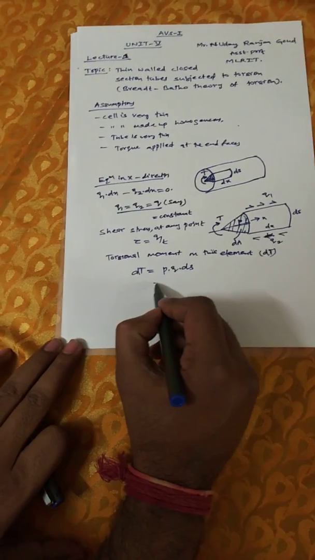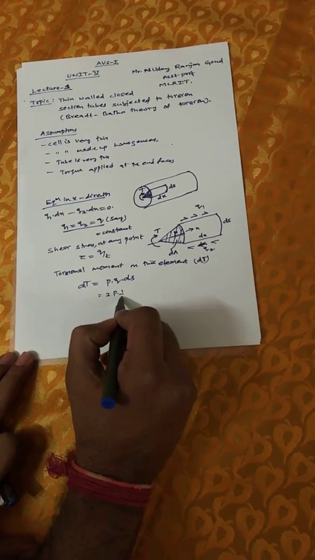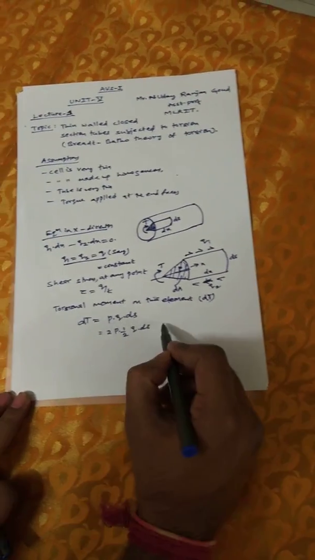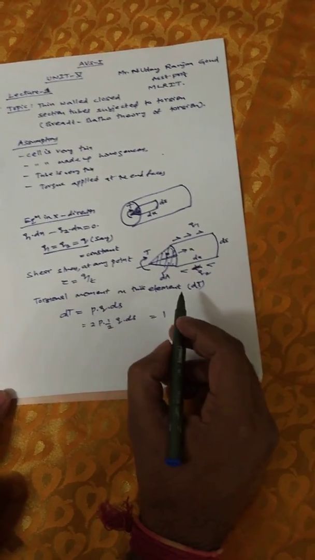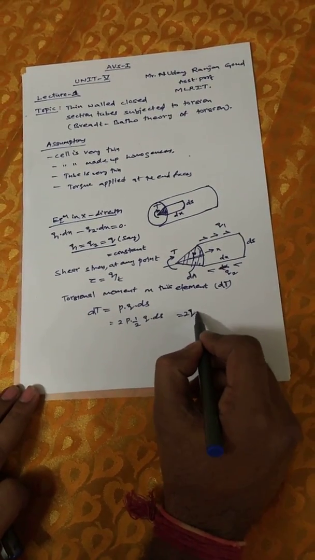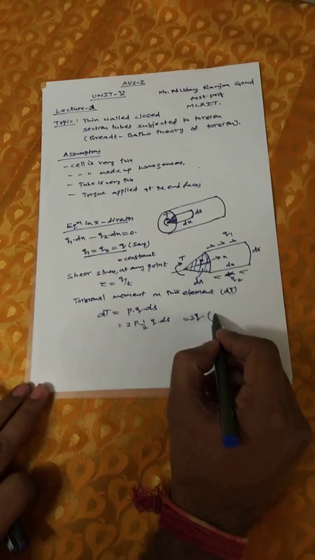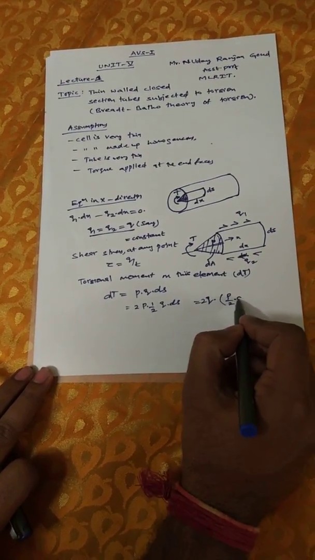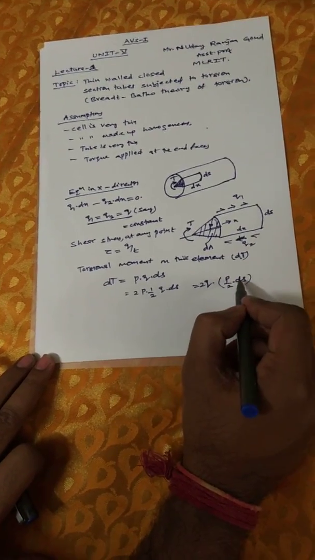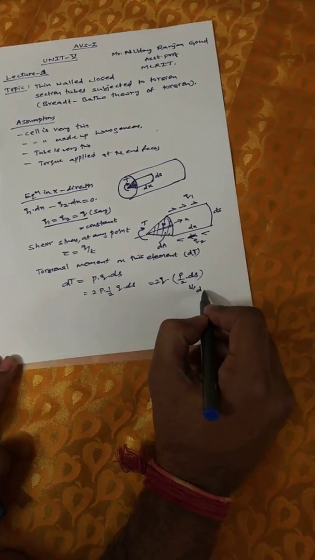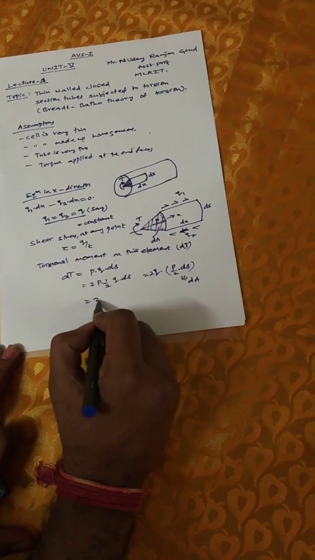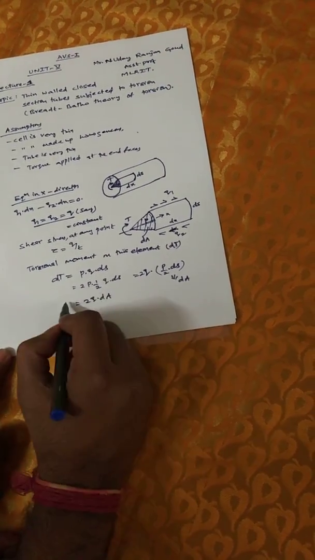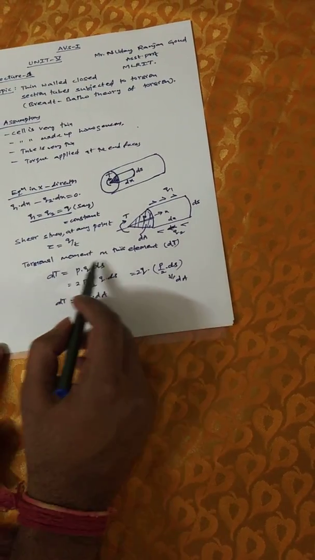Now here I am multiplying and dividing by 2 and writing it as 2q into p by 2 into ds. This is like half into p into ds, which is nothing but dA. Therefore 2q into dA is the torsional moment on this element.